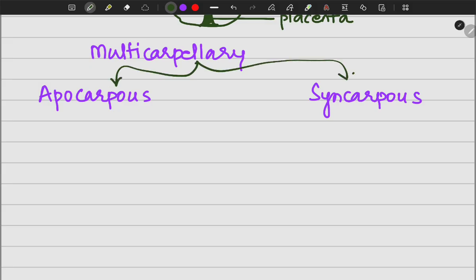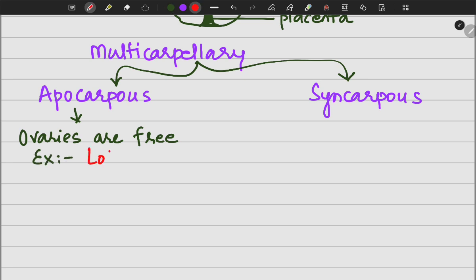Apocarpus flower is the one in which the 2 or more ovaries are free, they are not fused. Examples are lotus and rose. So in lotus and rose the flower is apocarpus, that means it has more than 2 ovaries and the ovaries are free, they are not fused together.